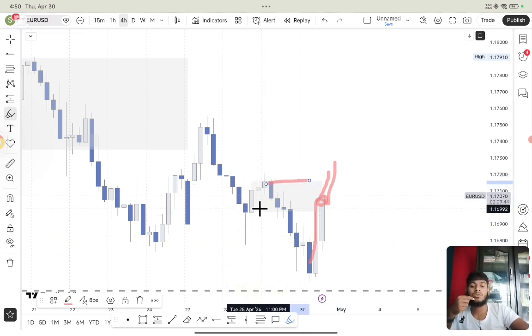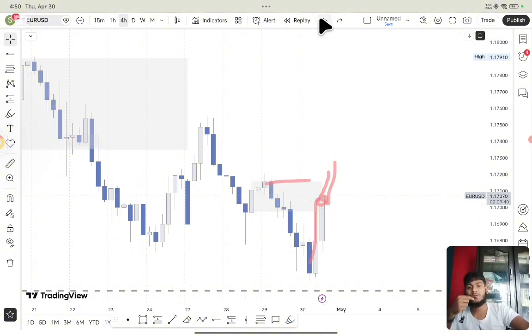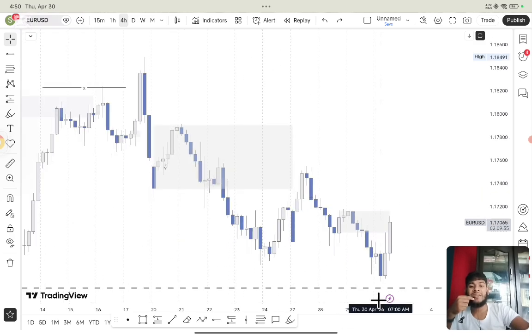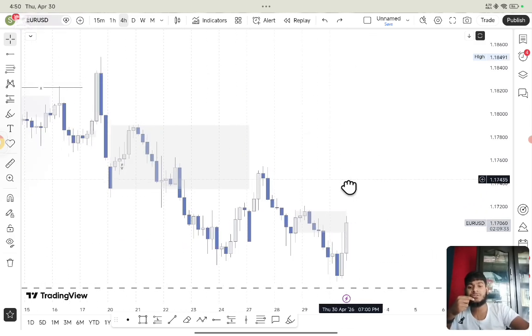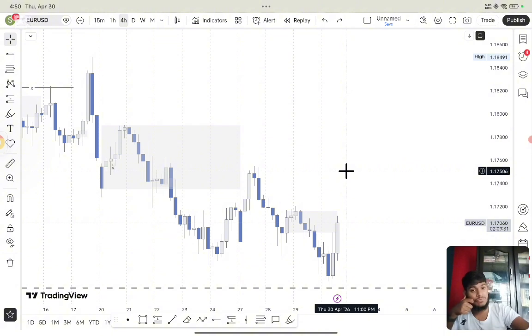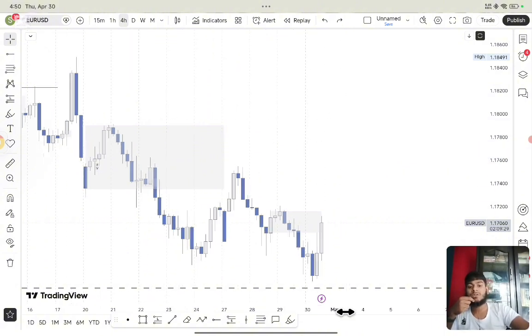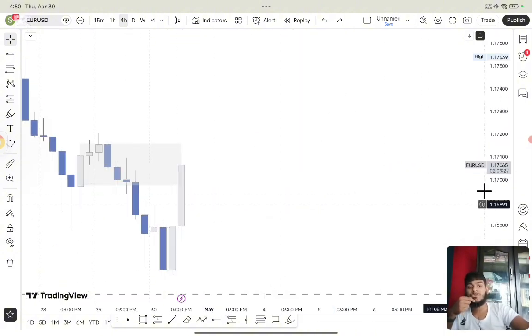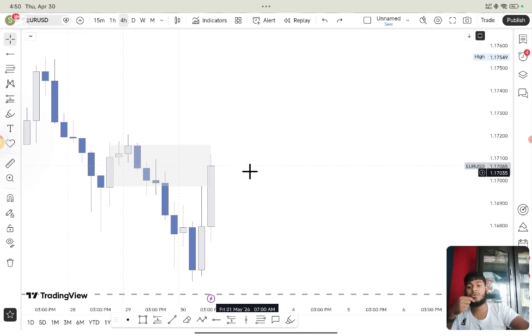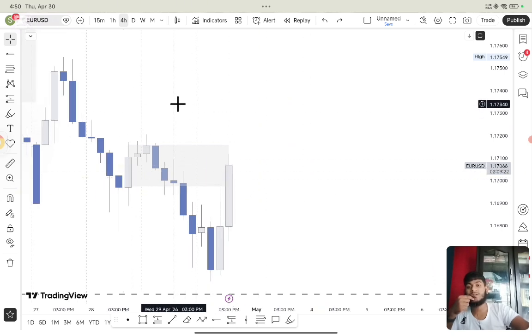This is the only order block which is going to be holding the price from moving bullish. And if this one gets inverted, then obviously I might say, okay, trend is changing and we might be bullish. But anyways, for now I'm still bearish. 2 hours left for this candle to close, and currently we are sitting at the bearish area.